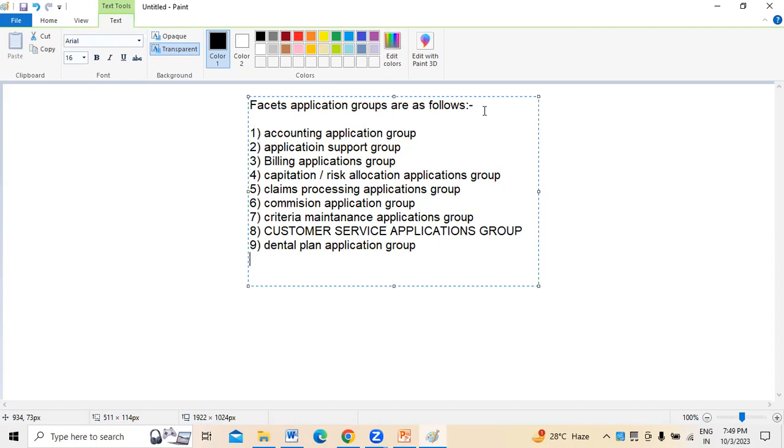So the accounting application group majorly focuses on the account description part first, because we have to know the account descriptions in reference to the application itself, followed by the accounting period, because whatever accounting period we usually maintain whenever we are processing claims or maintaining health records has to be maintained.